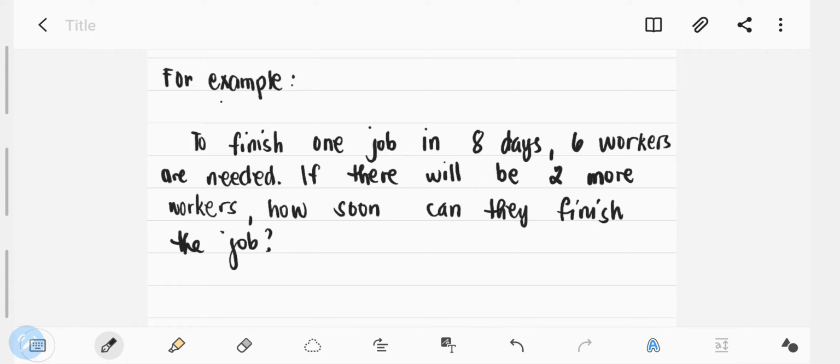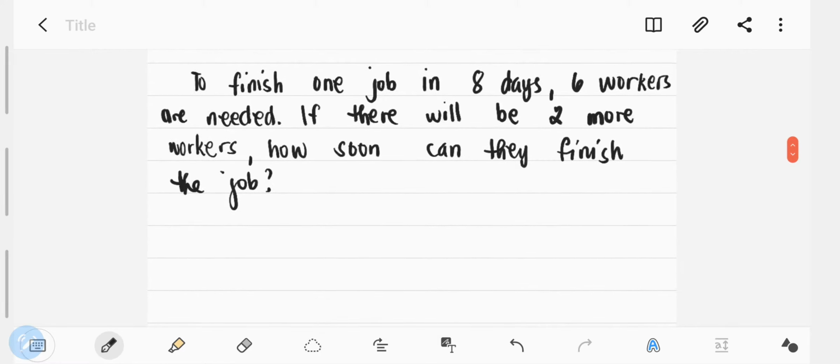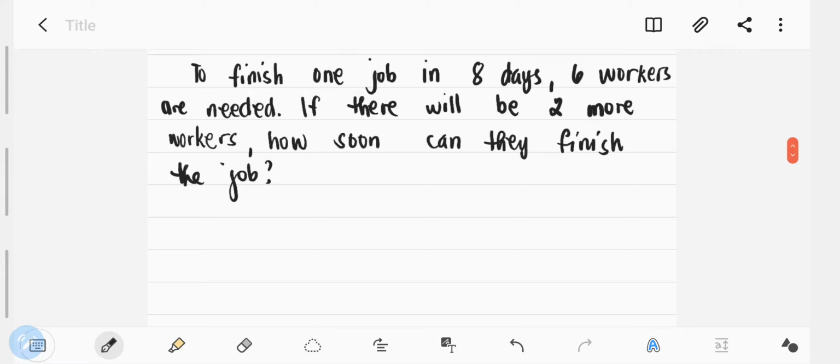To finish one job in 8 days, 6 workers are needed. Now, if we add 2 more workers, how soon can they finish the job? Of course, for example, if one person does the job, he can finish it in one day. When someone helps him, naturally, the number of hours or the time needed to accomplish the job will decrease.